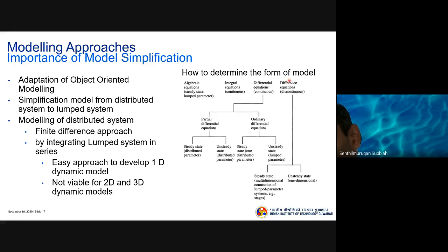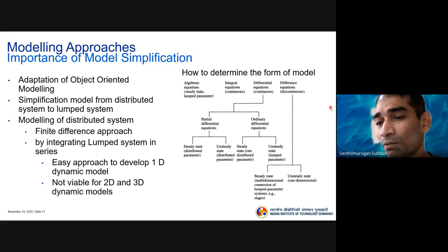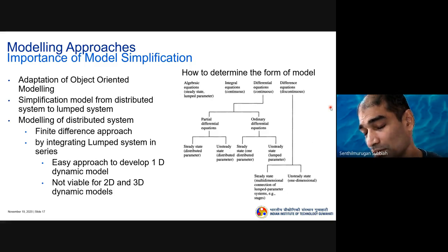Next is the difference equation. So what is a difference equation? The discontinuous function. So what is a discontinuous function? Let's say you talk about all the manufacturing industries. When we talk about any manufacturing industries, where the discrete operation is there, whether 0, 1, or you have integer or binary numbers, in that case we call it a discontinuous function.